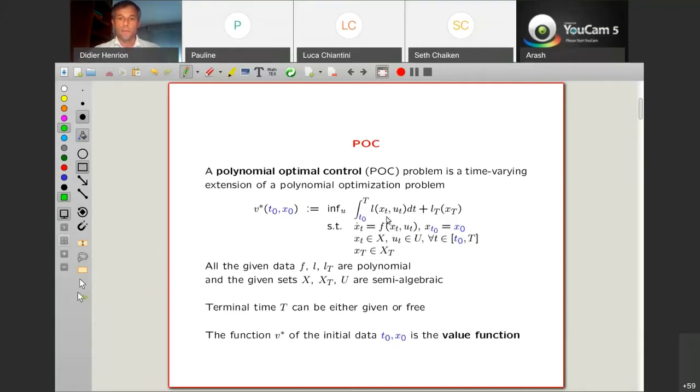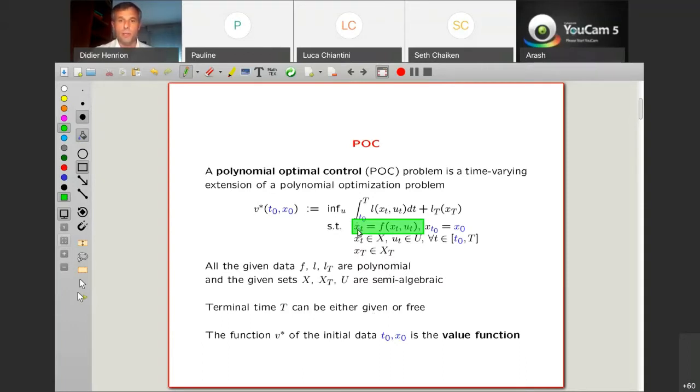Here, the quantities of interest are the control signal, which is denoted by U, and the state signal, which is denoted by X. Both are functions of time, denoted by small t, and they are linked through an ordinary differential equation, where the dot above the X symbol means the time derivative.